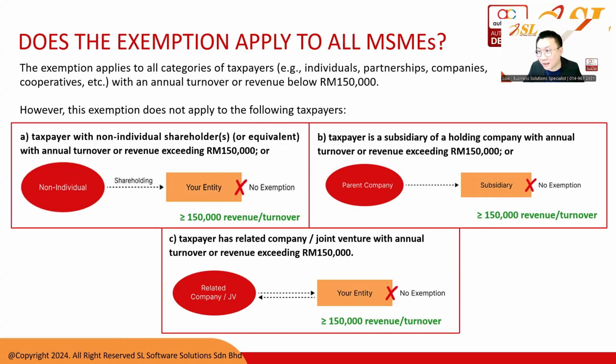If you're an individual, never mind, individual will check with the individual portion. But if you are not an individual, you are a Sendirian Berhad, and you hold another company 20% of shares, 30% of shares, your company is a Sendirian Berhad, kena invoice. So your subsidiary, your entity, also needs to perform invoicing. This is the new guide.